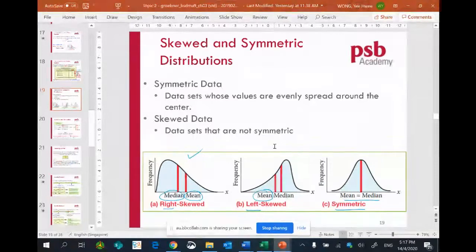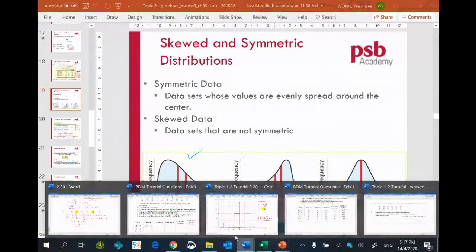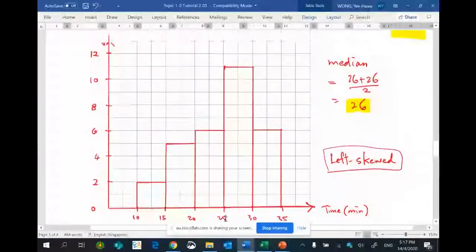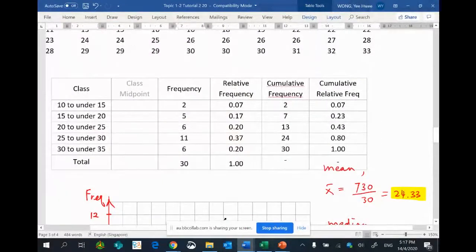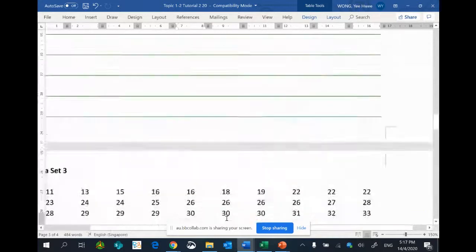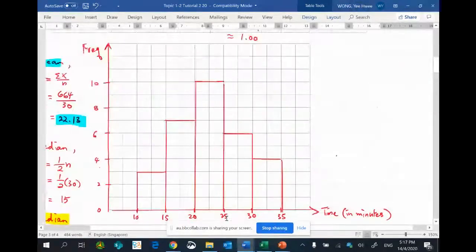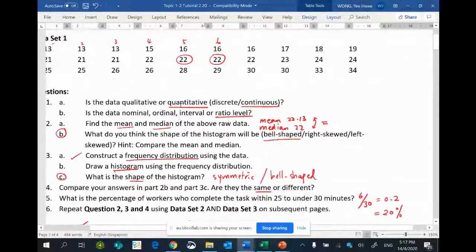Clear? Now I think by now you'll be quite expert at drawing this histogram as well as filling up this table. Am I right? So indirectly you learn this. At the same time, you also revise a bit on quantitative or qualitative, whether it's discrete or continuous.